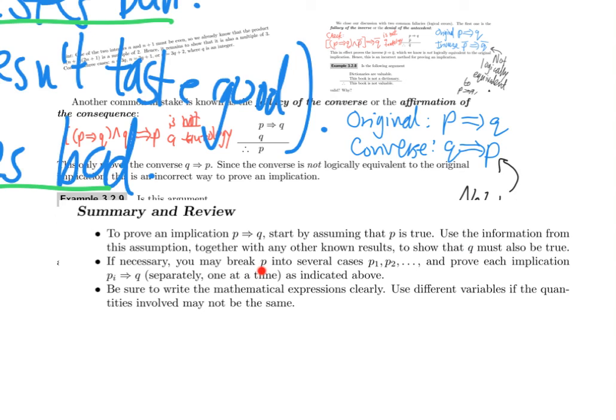Sometimes P is something that you can break into multiple cases, and you prove each implication separately, as above. Make sure to not only write the mathematical expressions clearly and use different variables if the quantities involved may not be the same. You should also use words appropriately, following the models you're seeing. On the next slide, we'll look at a little bit of what I'm talking about.